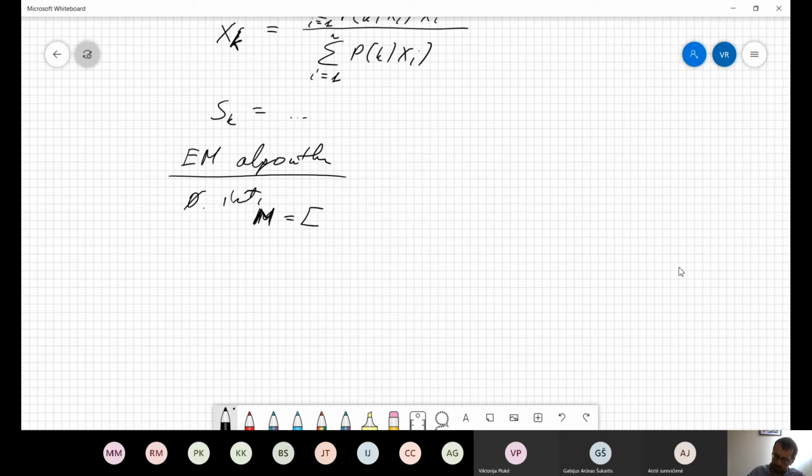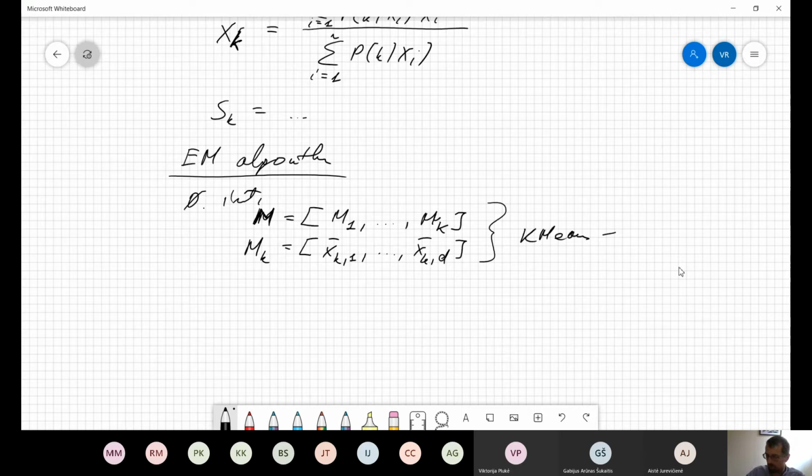Since each center is a vector, we have vectors mk, where each k is the average over dimensions 1 to d. These can be found with k-means, so k-means plus plus can find the initial centers for the EM algorithm for the Gaussian mixture.